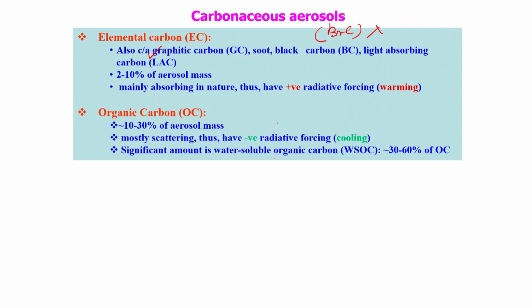Now, elemental carbon is also called graphitic carbon, or soot, or black carbon, very important terms. Many times people use soot to refer to black carbon, but soot does not really reflect black carbon only.